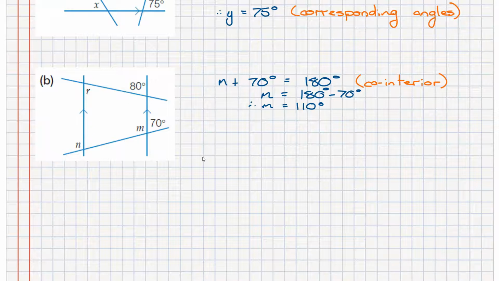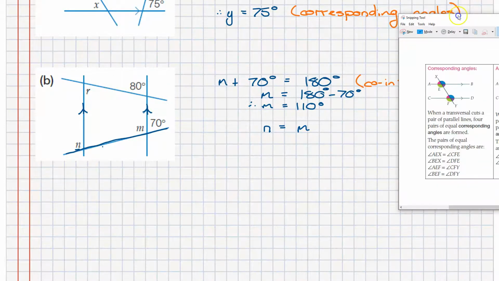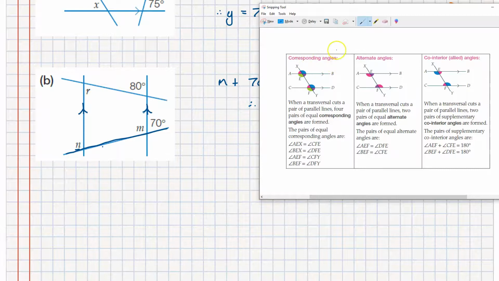Now we have to look at what would be the next easiest one to deduce. In my opinion, the next easiest would be this value for n here. Look at the relationship: we've got these two parallel lines and this common line going through here, and we've got m and n. They're in the same position. So the value of n is in fact equal to the value of m, and the property I'm using to justify that is corresponding angles.